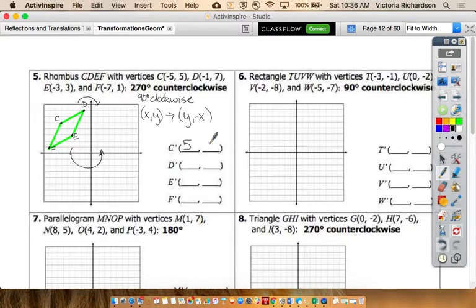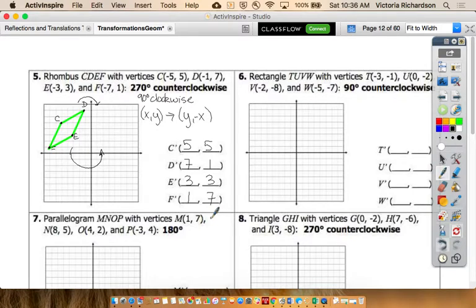So since it's going to change signs, I'm going to leave it +5. This would become 7, -1, so I would change it to 7, +1, since we changed the sign of the second number. This becomes 3, -3, so this is actually 3, +3, and then instead of 1, -7, it would be 1, +7.